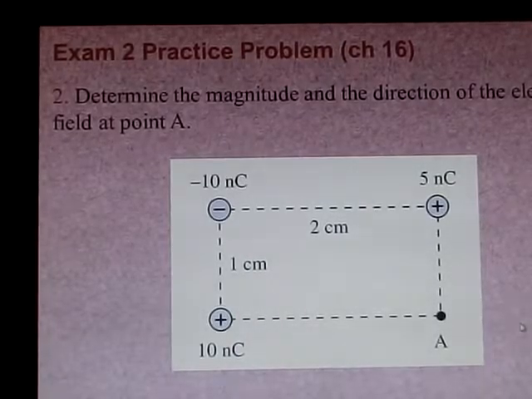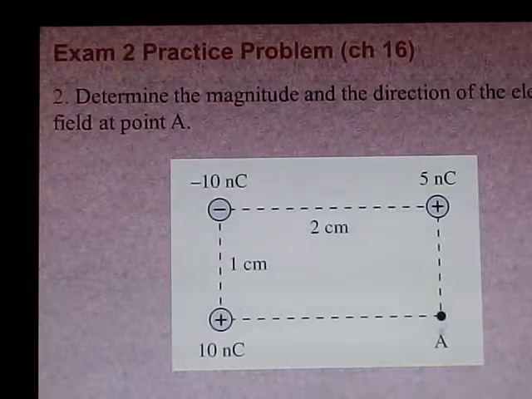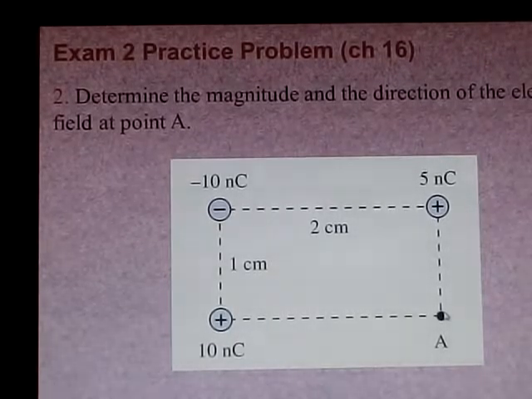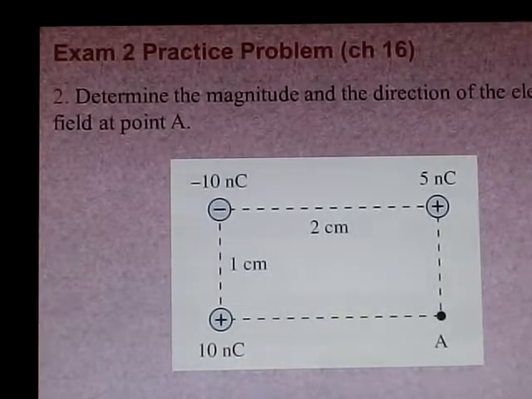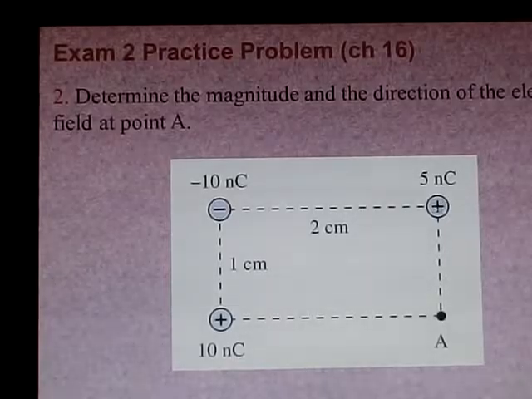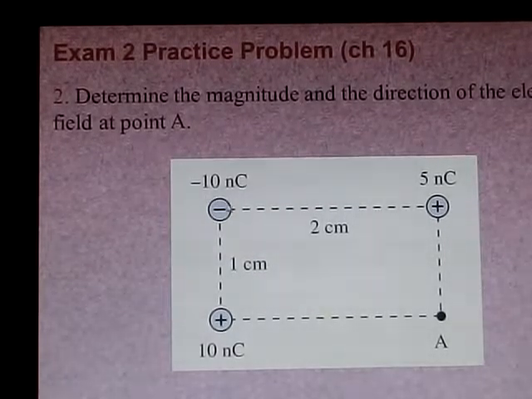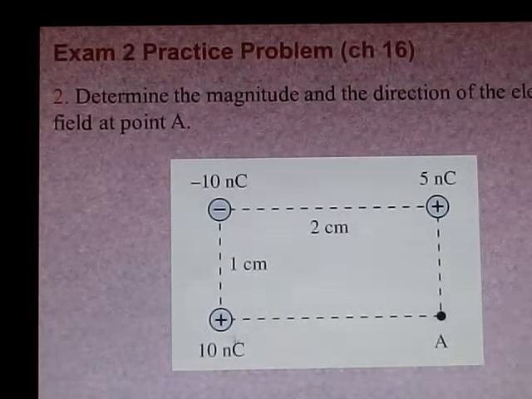I'll be there. So the second problem is still the same strategy. First of all, at point A, find the total x component of the electric field, which would be x component due to 5 nanocoulomb charge and x component due to negative 10 nanocoulomb charge, x component due to 10 nanocoulomb charge.